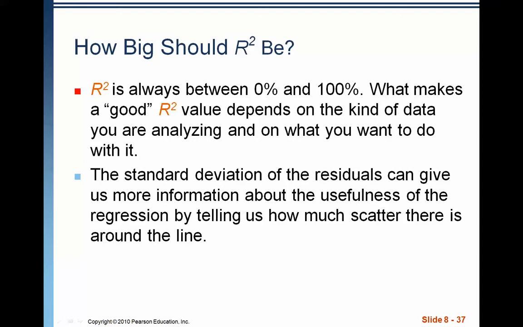The closer it is to 0, it means there's more variation in the residuals, which means not a great model. And so it gives us really good information about how useful the regression is by looking at the scatter around the line. Okay, that's the last of what we got for talking about R-squared.